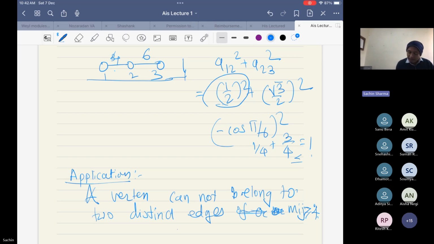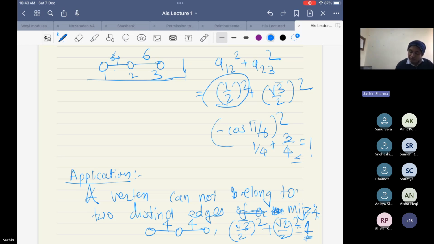Suppose you have a vertex here and this Mij is 4. What will we have? Again the same thing, right? This will be root 2 by 2 squared plus root 2 by 2 squared. What will be its value? Its value will be 1. The contradiction actually.